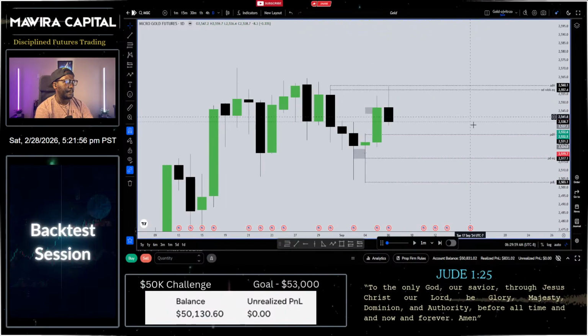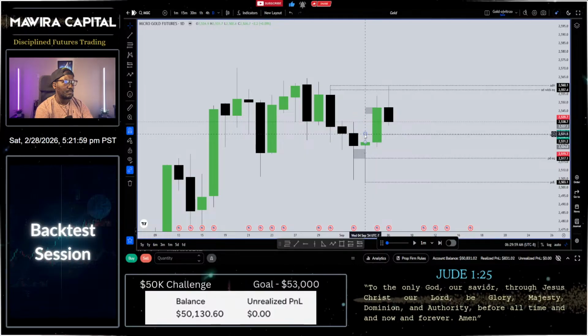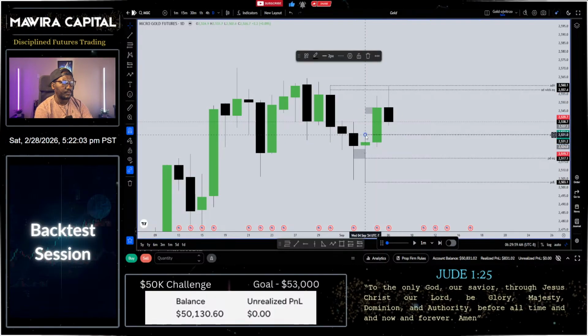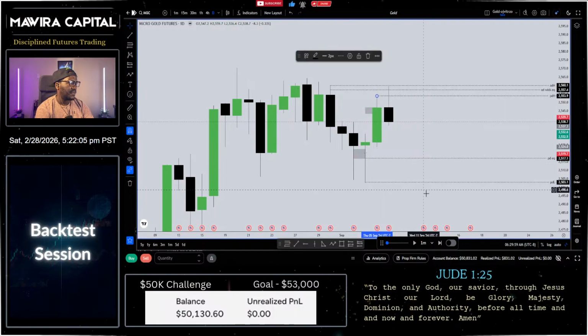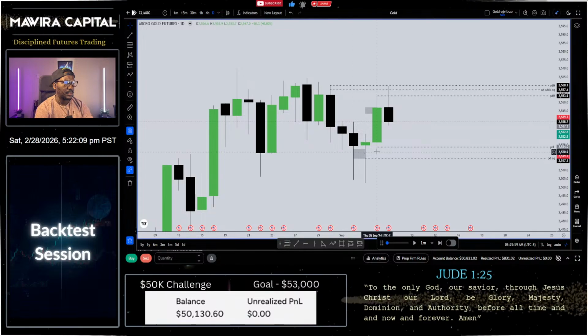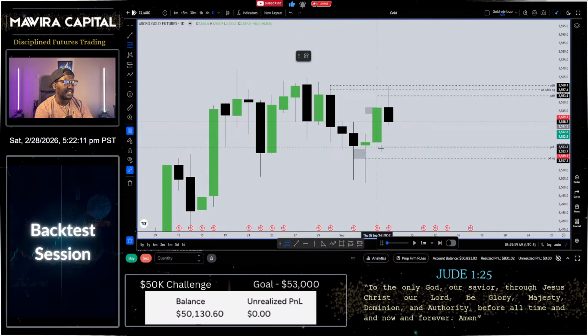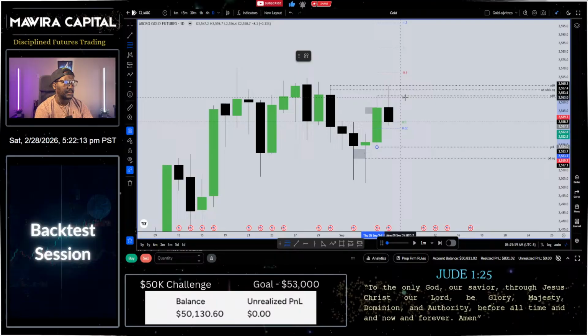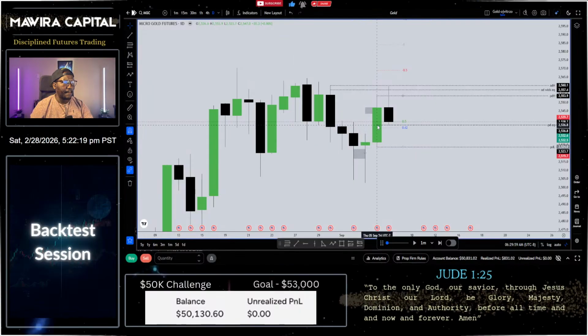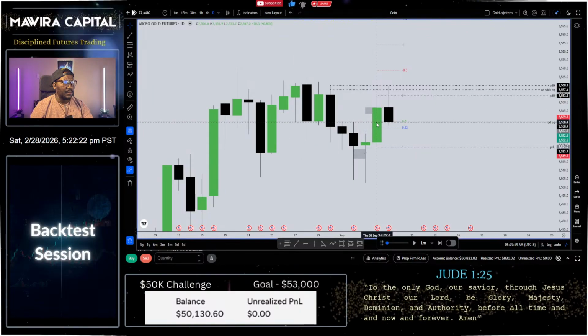Now here, let's see, previous day high, previous day low. So this is the last setup I'm taking for this backtest. Previous day EQ, which is right about there.